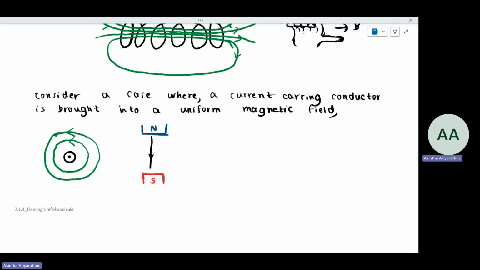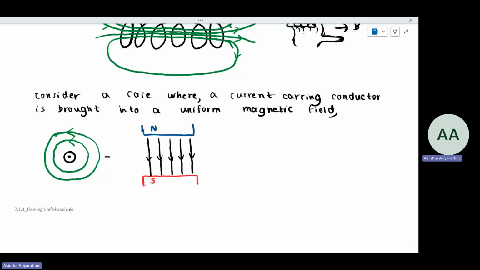The magnetic field would be from north to south.